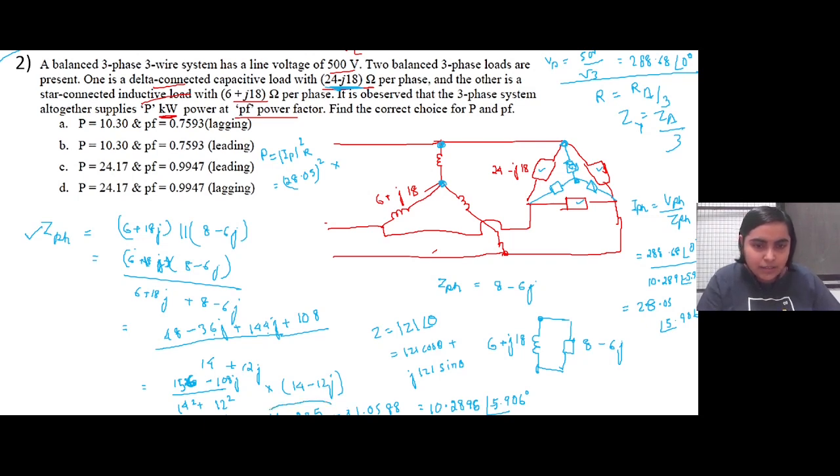Basically this part is your resistive part and this constitutes your inductive and capacitive part. So you can simply take this to be your phase resistance, 10.2535. Whatever comes out is the total power in kilowatts. So it is 28.05 square times 10.2535.